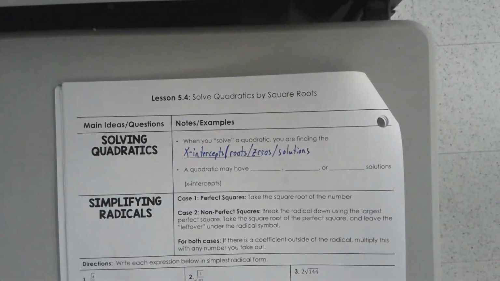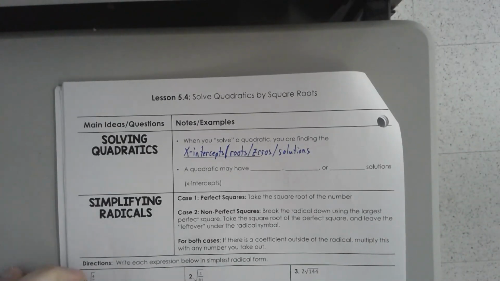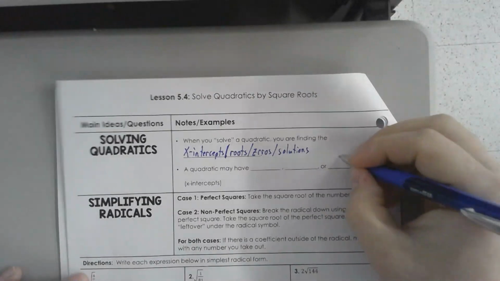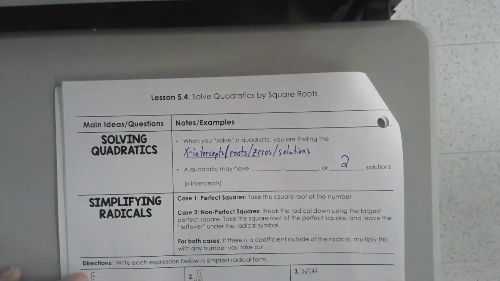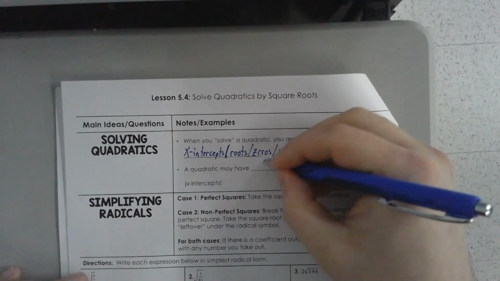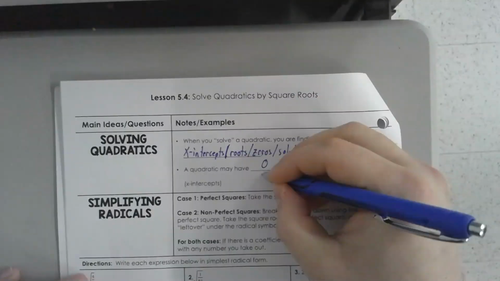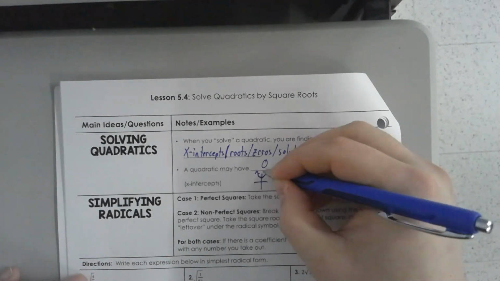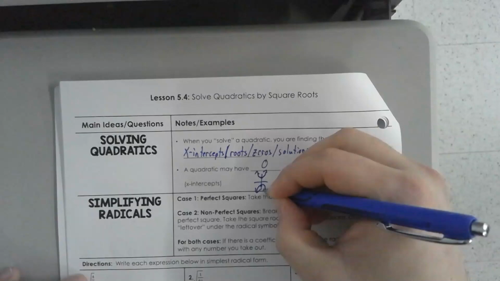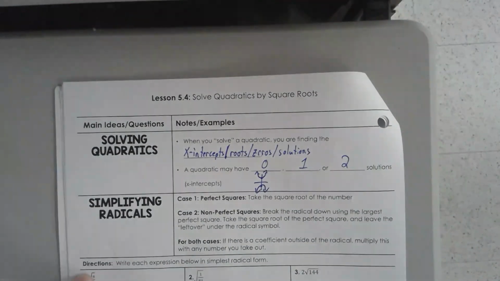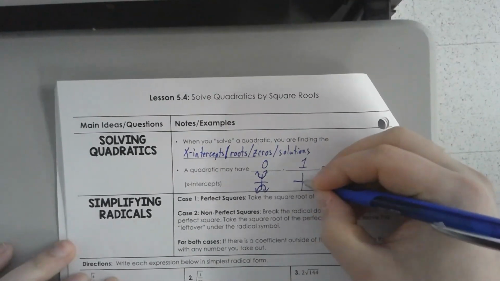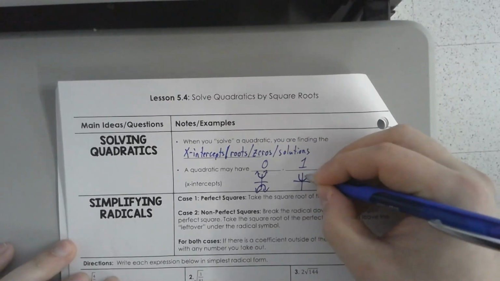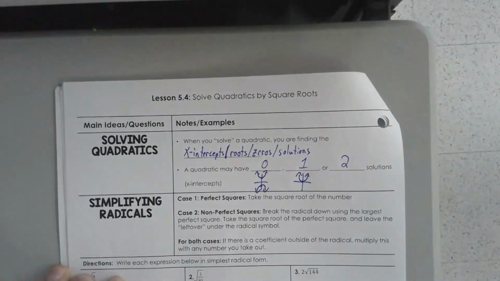So how many x-intercepts can a quadratic have? Do we remember that? You can have 2. You can also have 1, and then the vertex has to be on the x-axis.